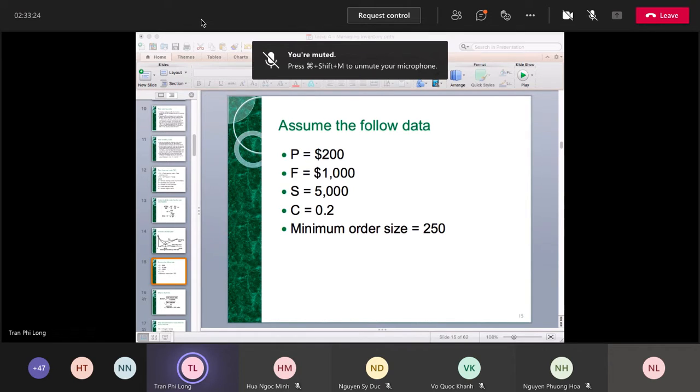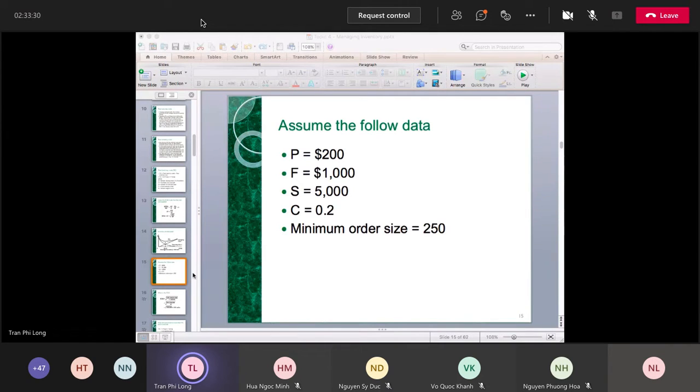Total inventory. Okay. C multiplied by P, Q. Okay, let's see.